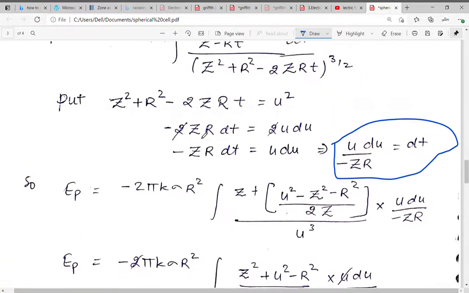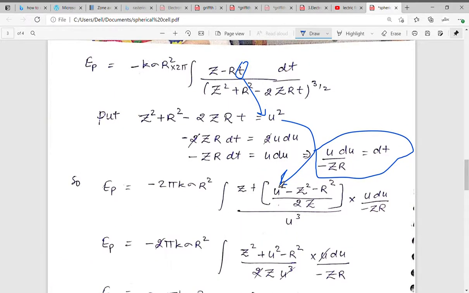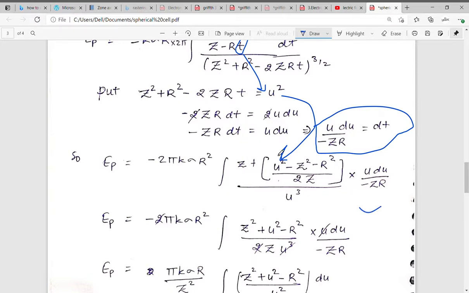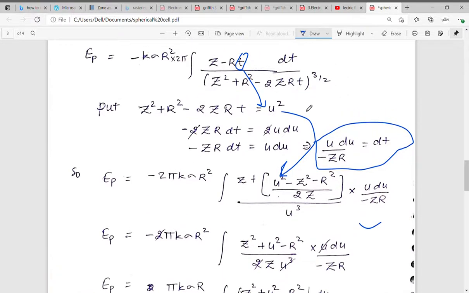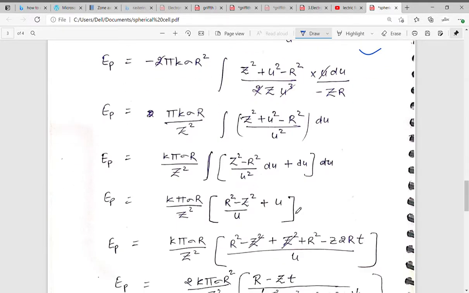Now put this value of t from here to here, so we got this expression, and substitute dt with minus u du upon zr, so we got up to here.